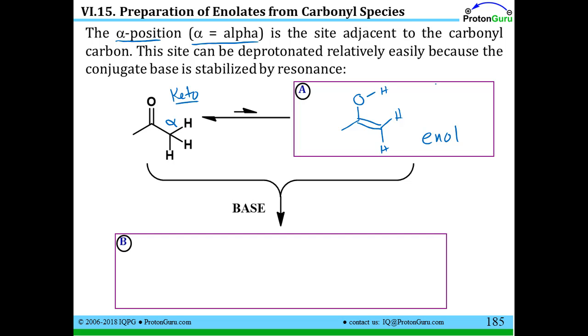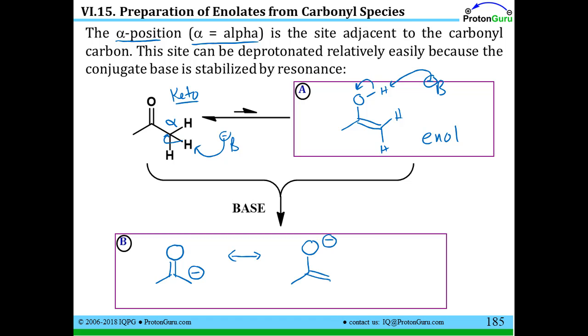Whether you think of the species in the enol form, like this, or the keto form, let's use B- for my base, I can think about making the conjugate base of this species. If I draw it being deprotonated from the keto form, I take one of the H's off the alpha carbon, and that's actually a resonance contributor to the deprotonated enol.